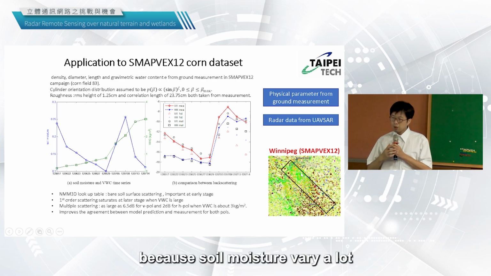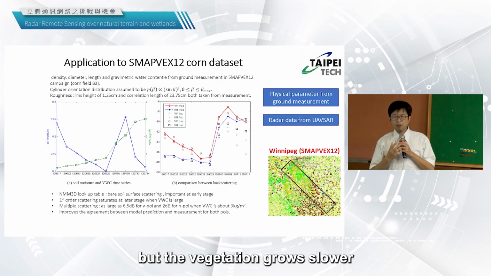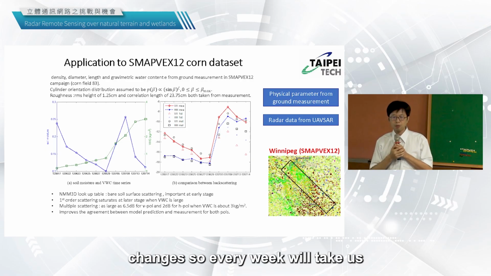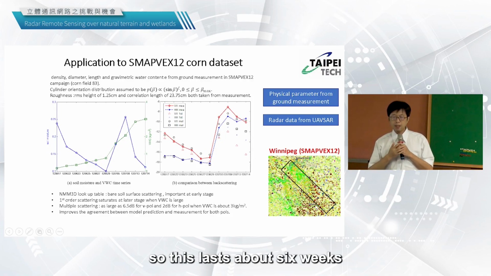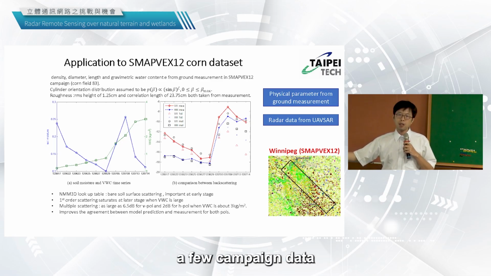Because soil moisture varies a lot, we have to fly the sensor on the same day we take the soil moisture. But the vegetation grows slower compared to the soil moisture change. So every week we take a vegetation measurement. So this lasts about 6 weeks. Then you can get a certain amount of field campaign data.